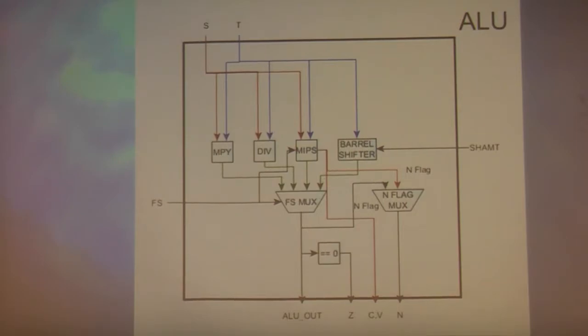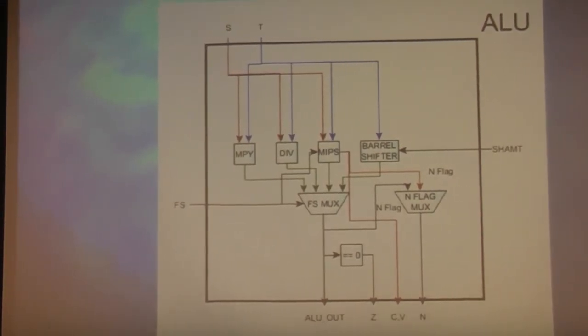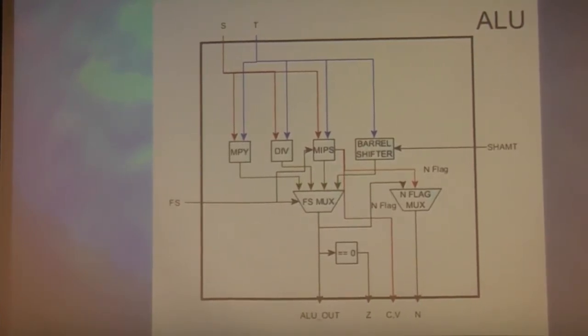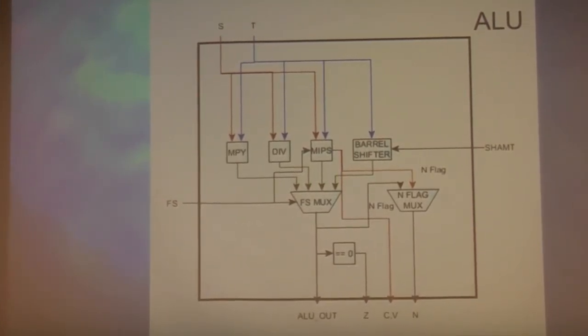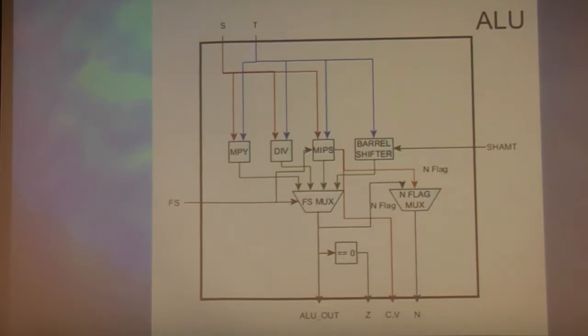And here we have our ALU. It has the MIPS unit, the multiply, the divide, and it also has the barrel shifter. And flags, for unsigned operations, flags for the zero flag, for the negative flag, they're set to 0.